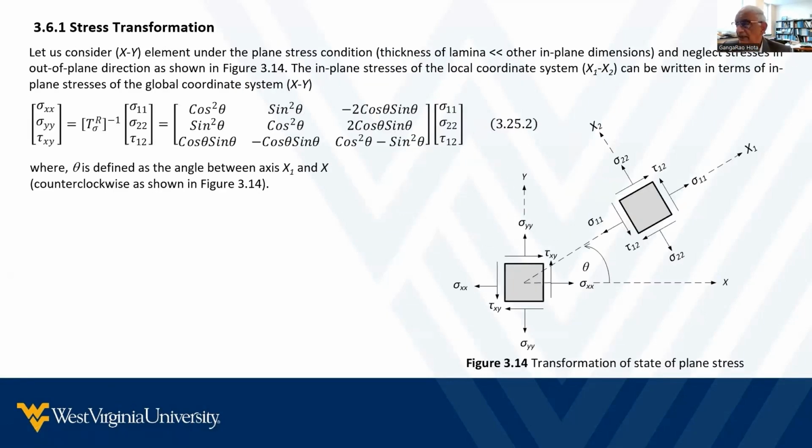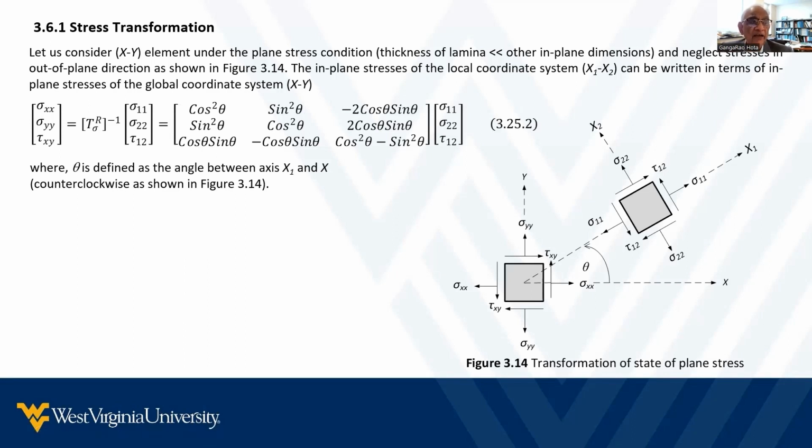Anyway, without getting into the details, what I have shown you here is a very, very simple matrix that is dealing with a variety of global stresses and local stresses. Local implying 1, 2 type, global implying x, y coordinate system.